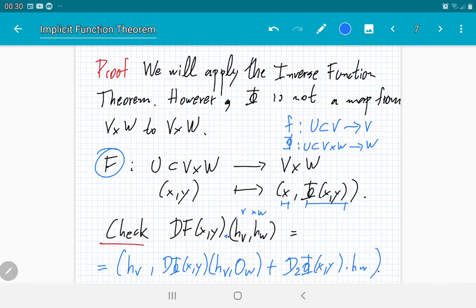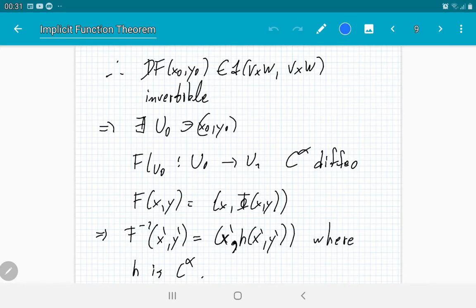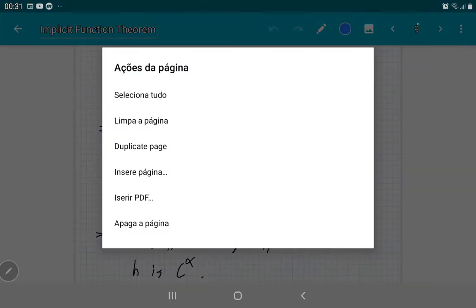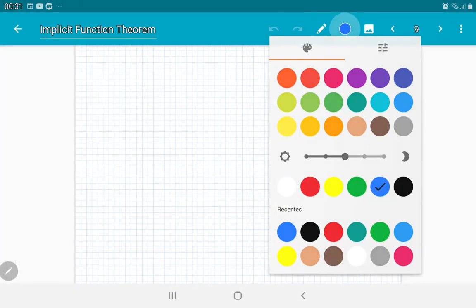And remember, I want to apply the inverse function theorem, so I need to prove that this derivative of f is invertible. Let me argue that.